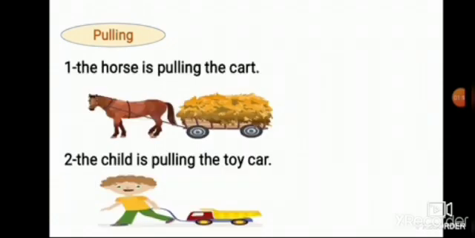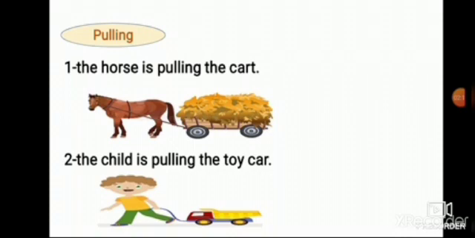But here, look, this horse is doing what? He makes the car come towards the horse. So the horse is pulling the car, because the car moves towards the horse.